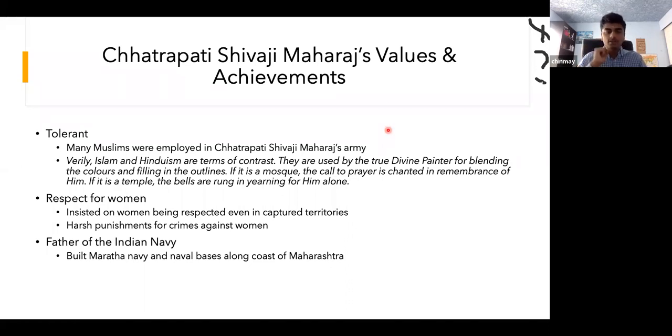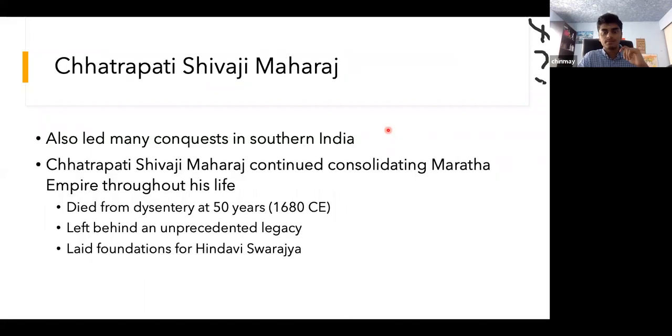Shivaji understood the importance of the navy as times were advancing, which is one of the reasons why the British and the French would have so much success in conquering the world. It's because of their investment into the navy. So Chhatrapati Shivaji obviously had this understanding, and he started building the Maratha Navy, and he had many naval bases along the coast of present-day Maharashtra. And there's much, much more for which we remember Chhatrapati Shivaji Maharaj today.